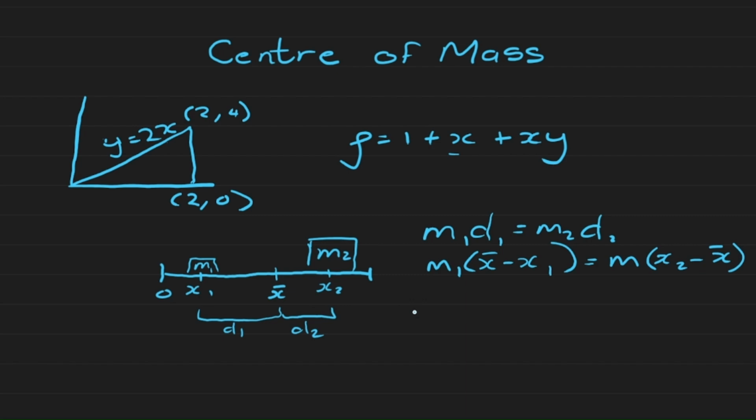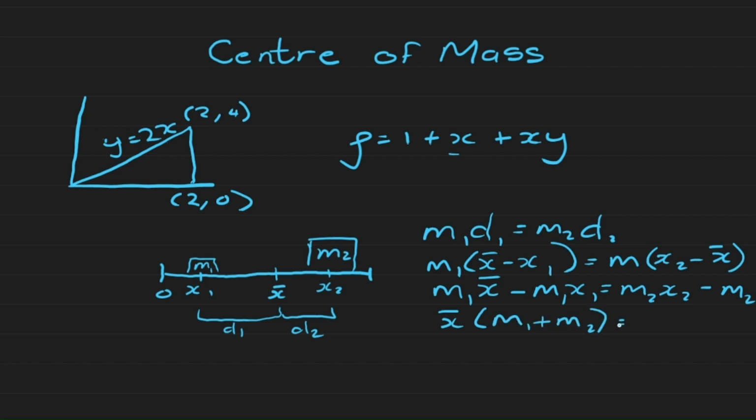With some mathematical manipulation, collecting all the terms, we get m1 x bar minus m1 x1 equals m2 x2 minus m2 x bar. Collecting terms, x bar times (m1 plus m2) equals m1 x1 plus m2 x2.